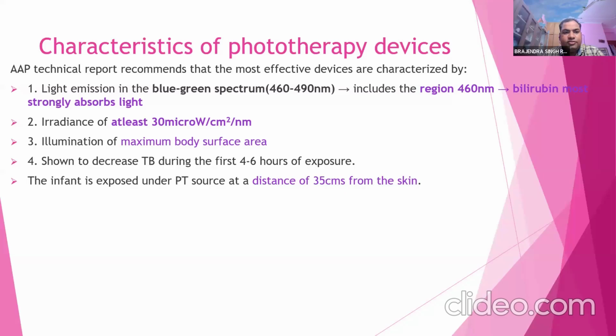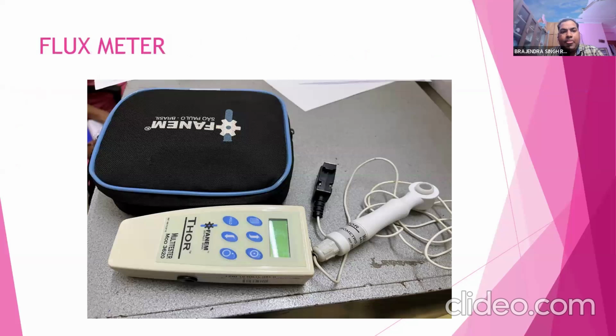And the infant is exposed under the phototherapy source at a distance of 35 centimeter from the skin. This is the flux meter. Now most NBS, SNCU, government is providing a flux meter for checking the irradiation level, flux, when you are providing the phototherapy.